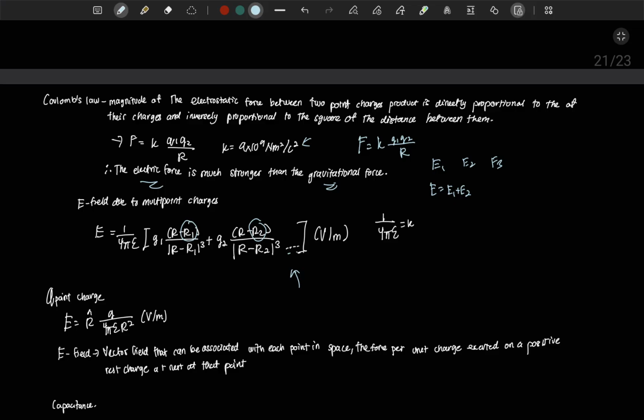Now the example question that can be given for electric field due to multi-point charges could be something such as: a charge Q1 of 4 microcoulomb is located at (0, 3, 0), and then we have Q2 of negative 2 microcoulomb at (4, 0, 0).